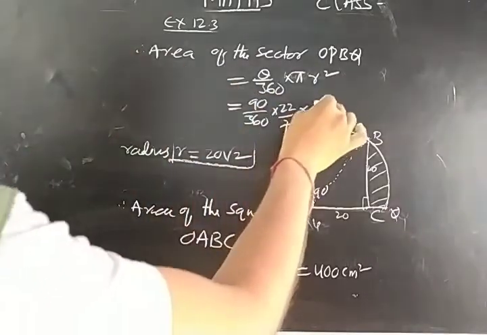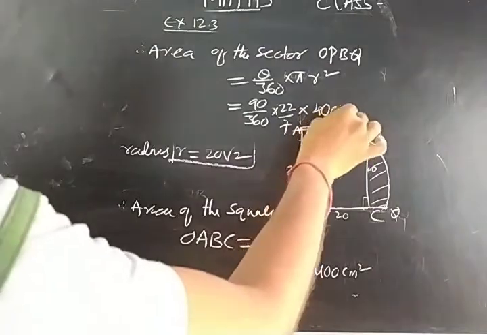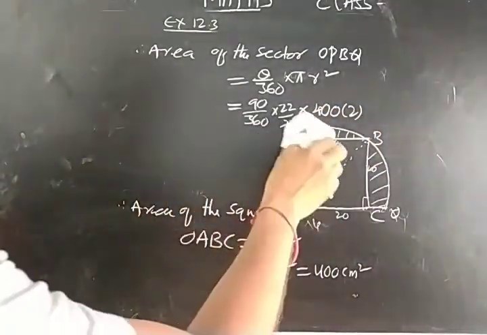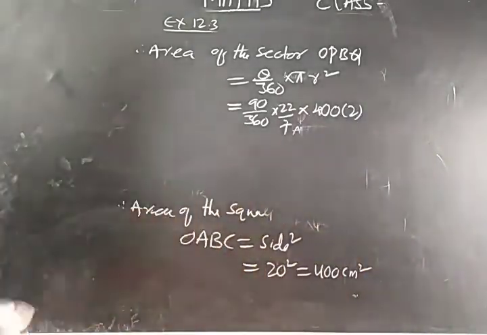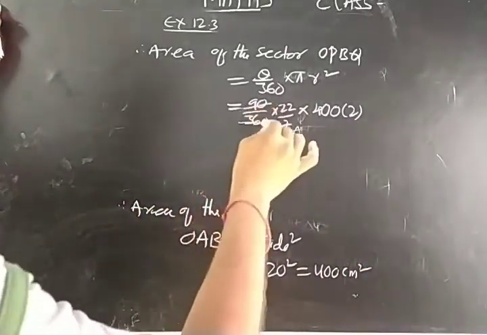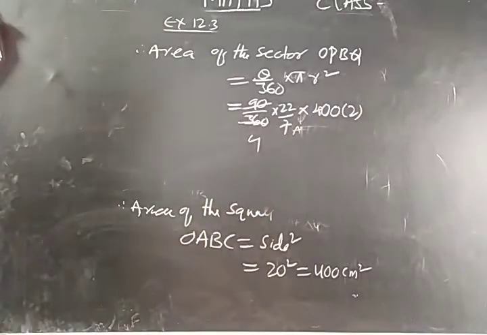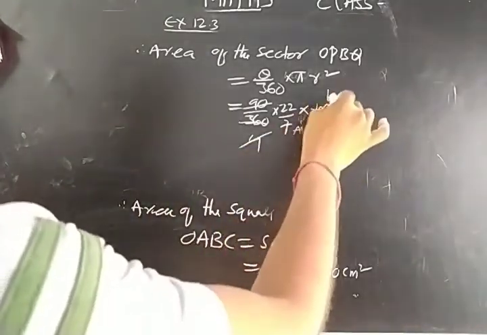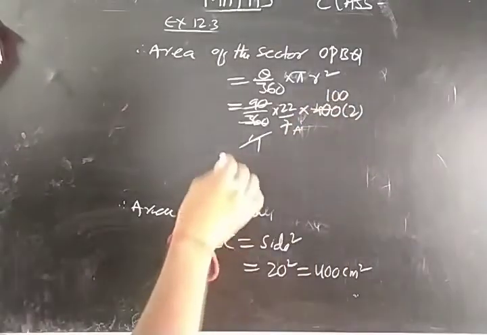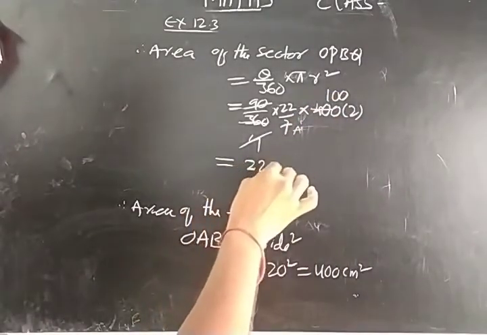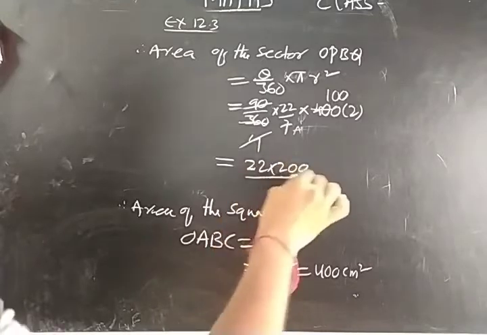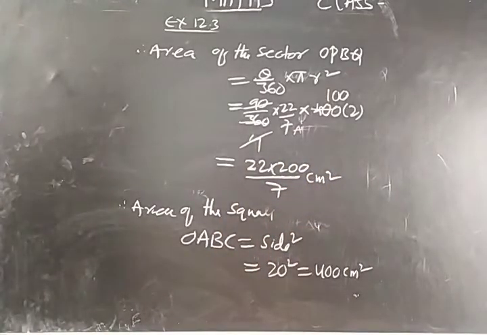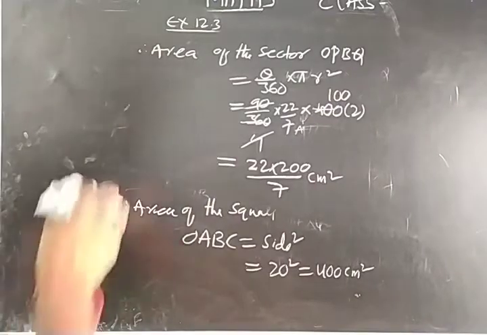R square is 400 into 2 whole square, r square is 400 into 2. Now by simplifying, 4 times 90 is 360, and 400 into 2 is 800, right? So that is 22 into 200 by 7 centimeter square. This is the sector area.